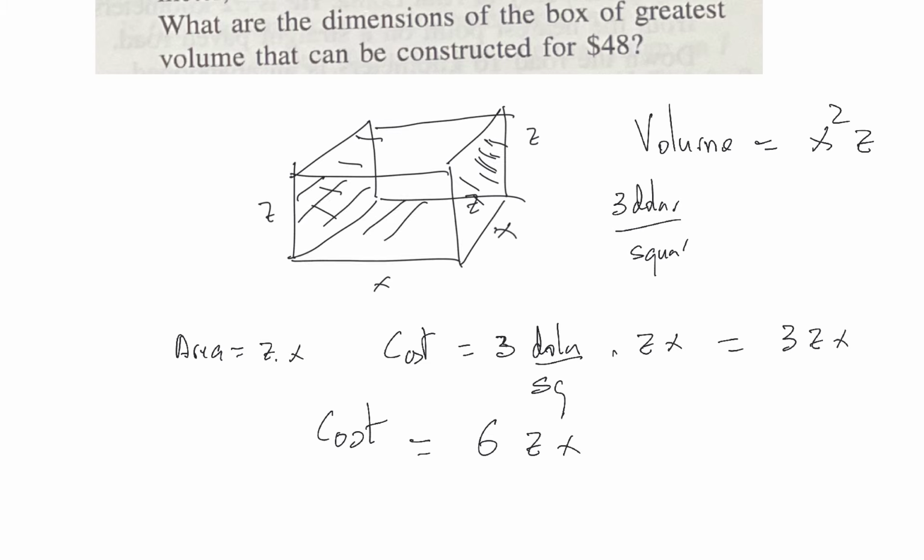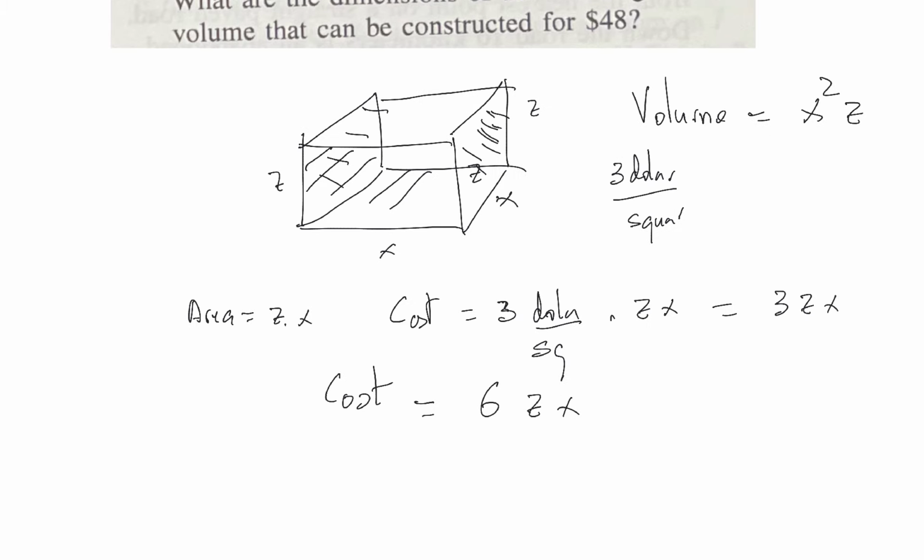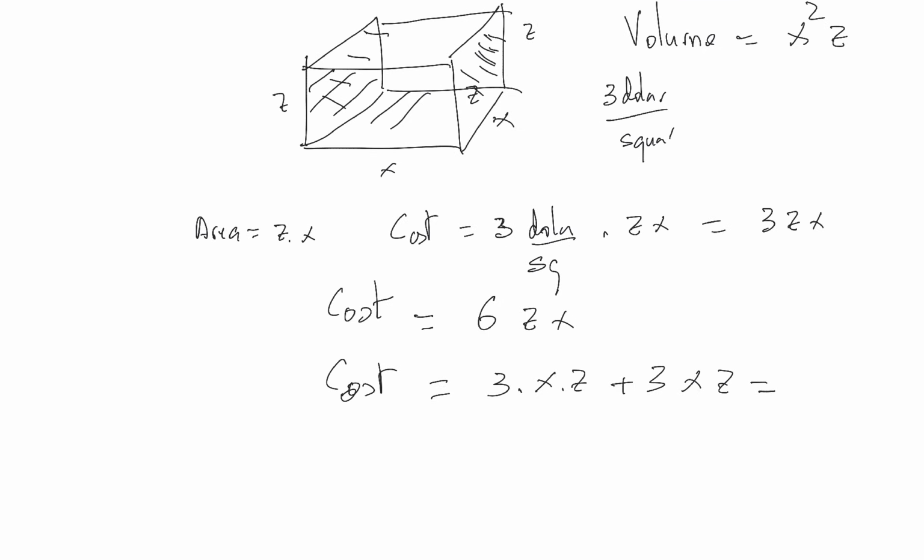Now we go to the cost of this part. It costs $3 per square foot. So the cost of the other two sides will be x by c multiplied by $3 per square foot. But there are two sides, so it will be 2 times 3 times x by c.